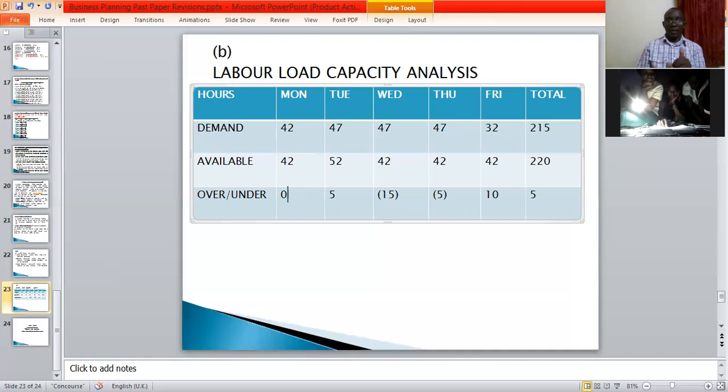Yes. Thank you very much. So here, the over and the under becomes 5. But still we have excess on Tuesday. So we can remove 5 from here and bring it to Tuesday.